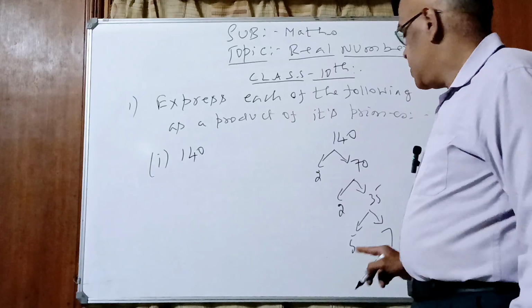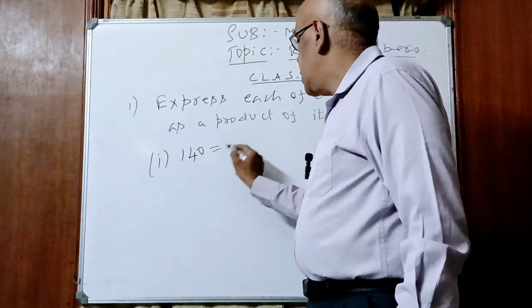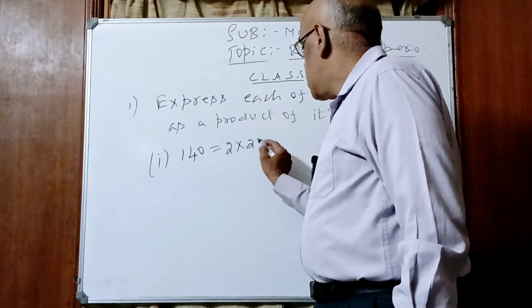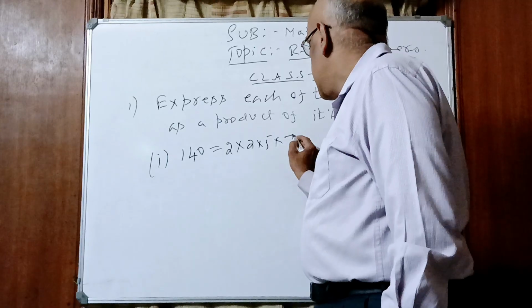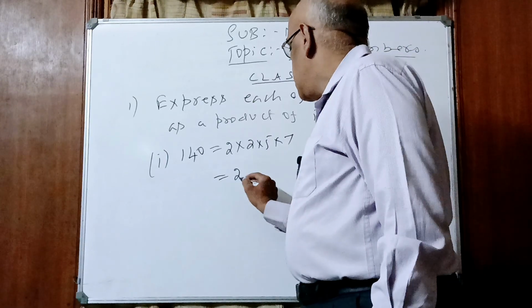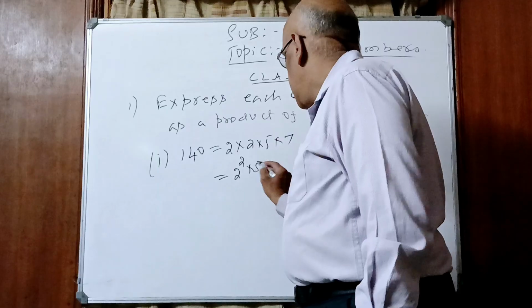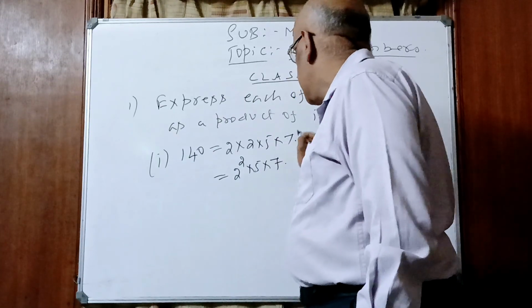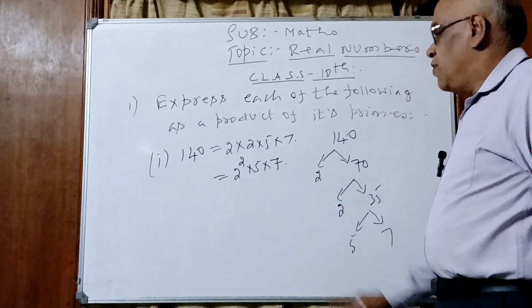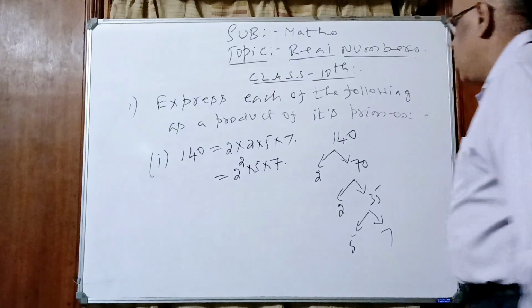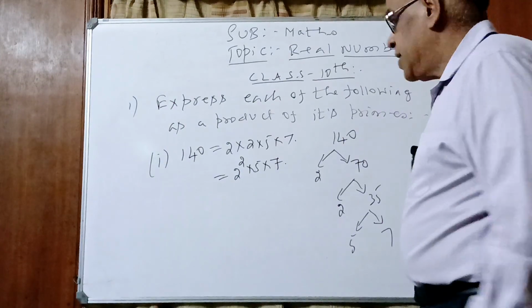All are prime numbers. So 140 can be written as what, children? 2 into 2 into 5 into 7, that is 2 to the power of 2 into 5 into 7. This is the answer, children.